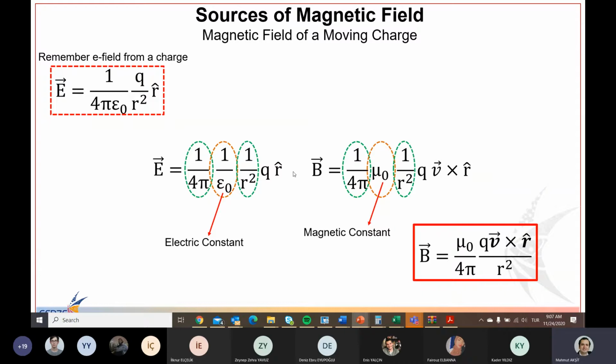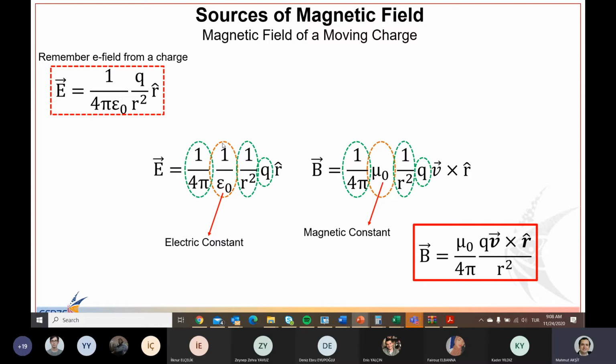So the field also reduces by the square of the increasing distance. Okay, and it is also proportional to the amount of charge that's moving.